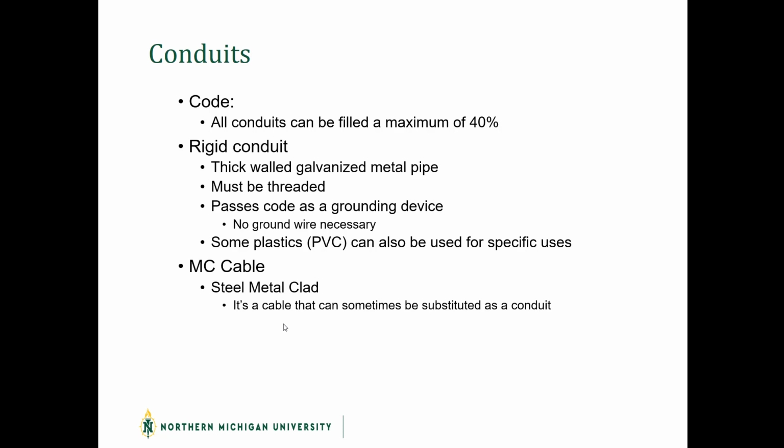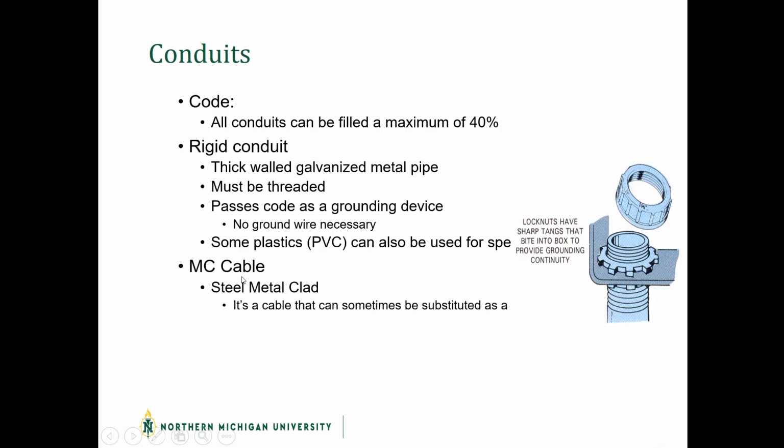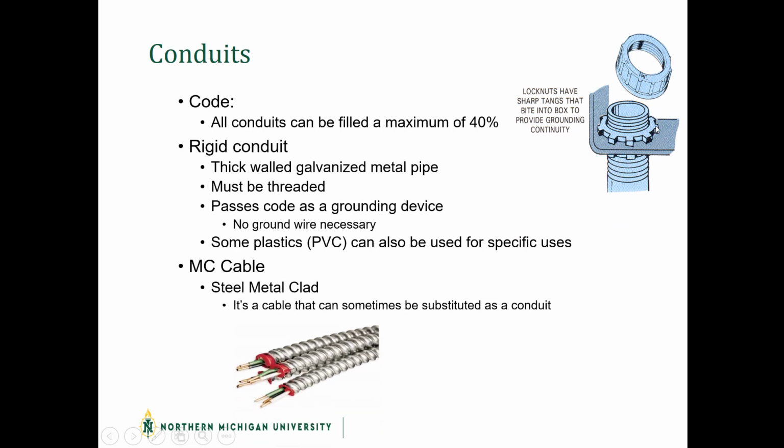So it's a good way to save some money and time for install, but you can't use it in every application. In this example of rigid conduit, we generally have lock nuts that connect us into different components because we don't want those to get loose. And then metal clad looks something like this, your MC cable.